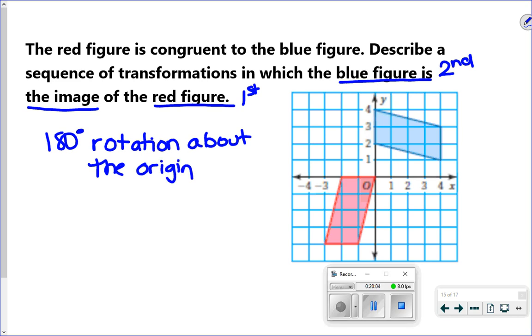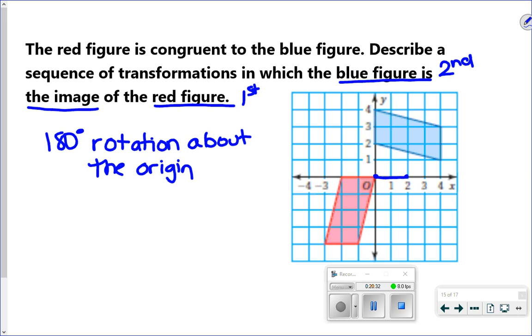So if I did my 180-degree rotation, I'm just going to go ahead and sketch in what that looks like. 0, 0 would stay the same because it's going about the origin. If I'm rotating 180 degrees, let's see, it would look like this.